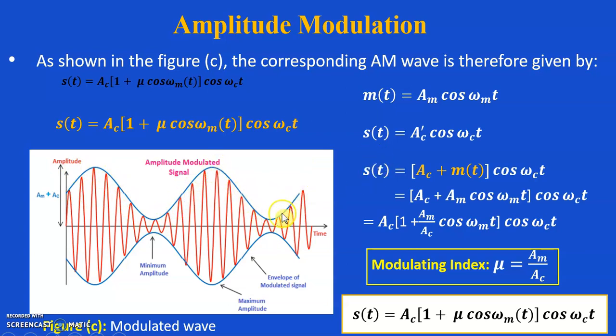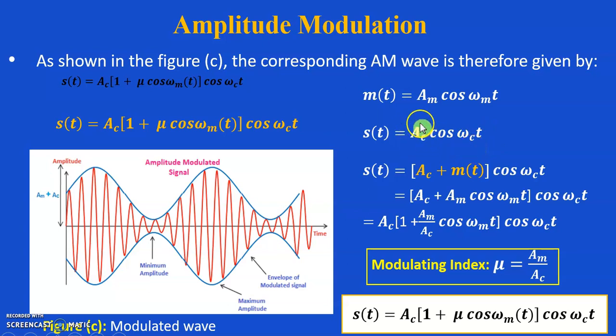So if we state that s(t) = A' cos(omega_c t), we change only the amplitude of the carrier, while we keep the frequency and the phase constant.